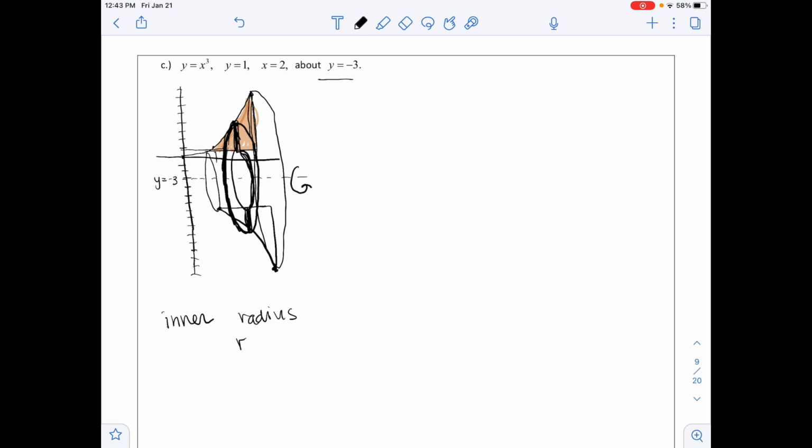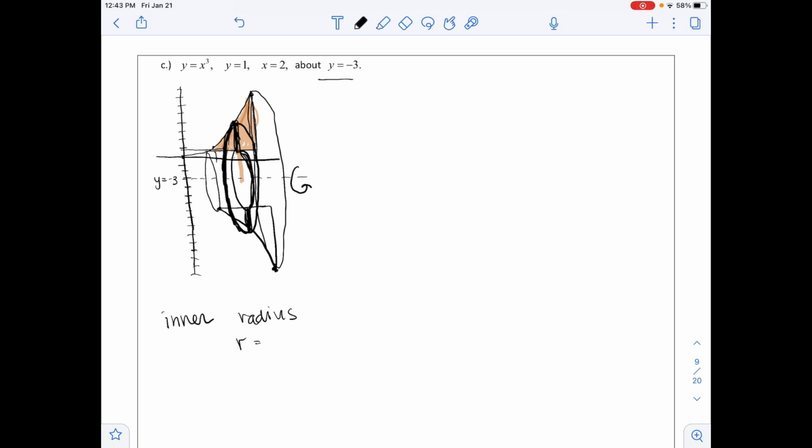So for our inner, let's look at that first. I'm going to go ahead and call that r is equal to, and that inner radius is going to be the distance from the base of our rectangle down to the line y equals -3. And again, we always do the top minus the bottom, and with this, it's constant.